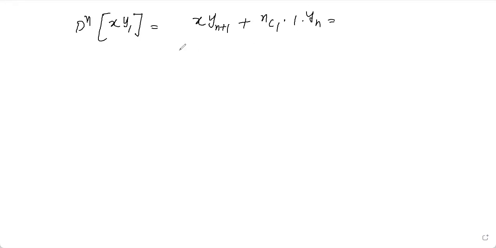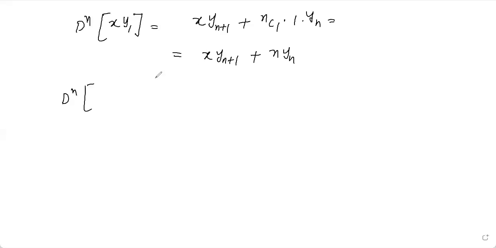Now let us find dn of x y1. So this would be x y n plus 1 plus nc1 into 1 into yn, or we can write this as x y n plus 1 plus n yn.